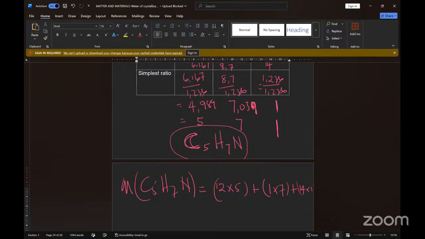So 5 times 12 is 60 plus 7 plus 14. And this one gives us 81 grams.